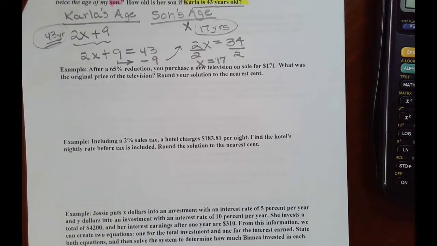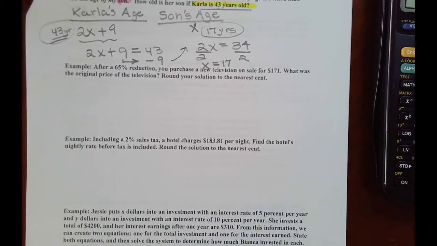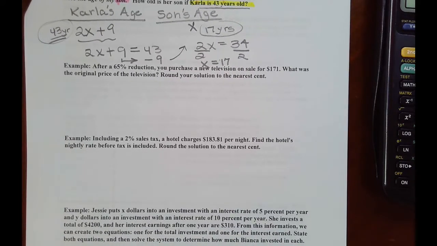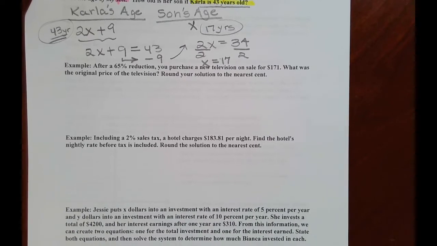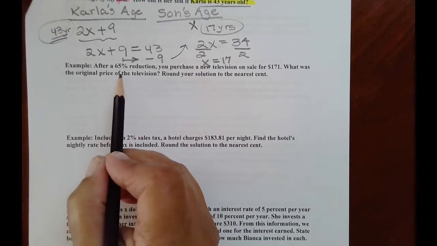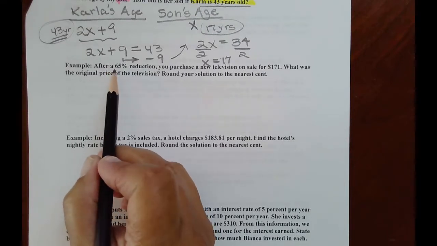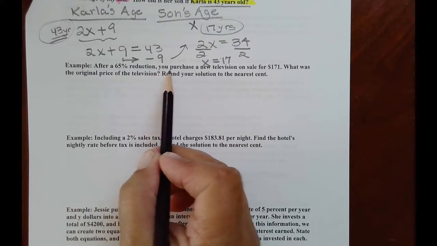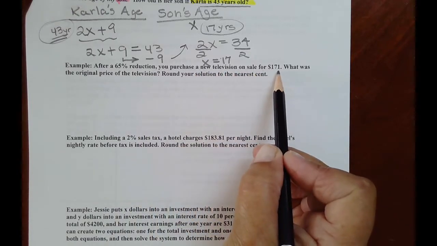Okay, in this next example, this talks about a reduction problem. Now, this one you don't necessarily have to label 2 different categories. So let's read the problem to see how we can come up with just something that represents a reduced price. After a 65% reduction, you purchase a new television for $171.